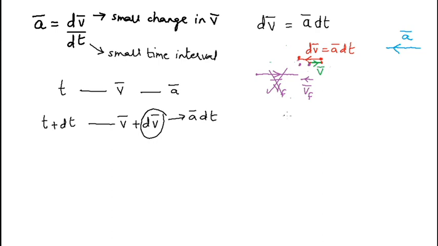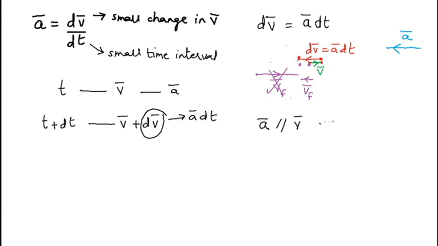So what you could conclude from this brief discussion is whenever the instantaneous acceleration a bar is parallel to the instantaneous velocity v bar, the change in the velocity is going to be either in the same direction as v bar or opposite.